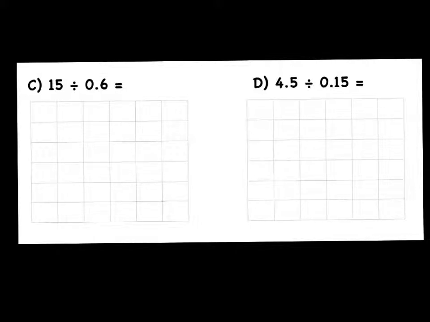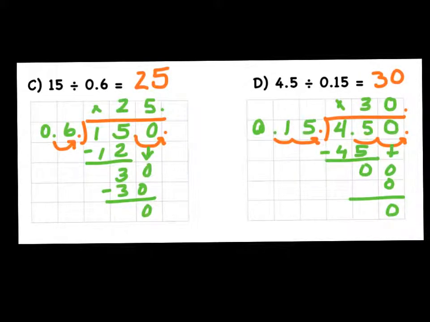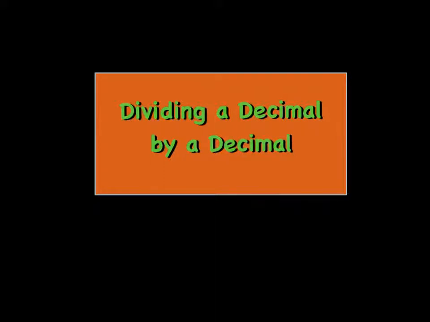See how you do. Now hopefully you were able to find your answer of 25 for C and 30 for D. In this video we learned how to divide decimals by decimals.